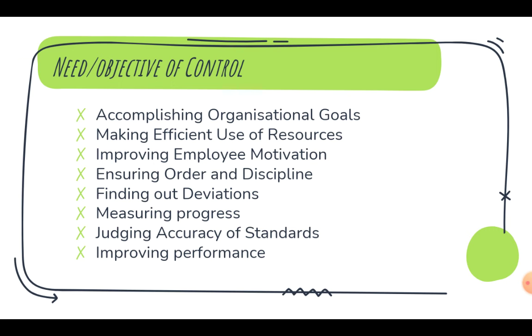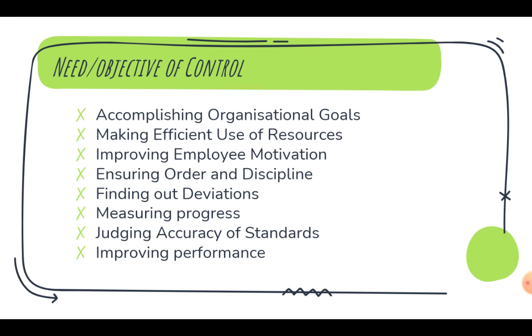And sixth point we have there, measuring progress. Now, while planning various activities in the organization, the fundamental goals and objectives are going to be established. The moment you start the organization, you will be starting first with determining the objectives and the goals of the organization, right? So it will be essential to know whether the things that are happening are as per the objectives that have been set or not.